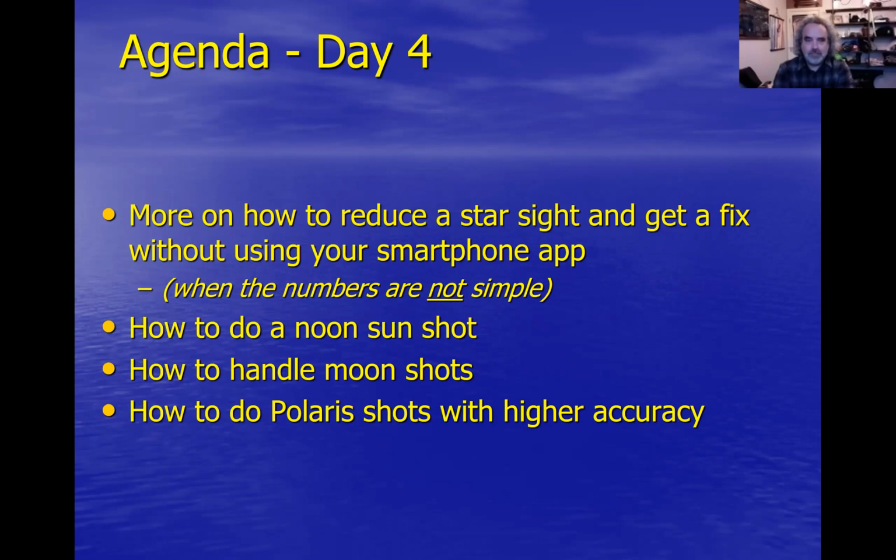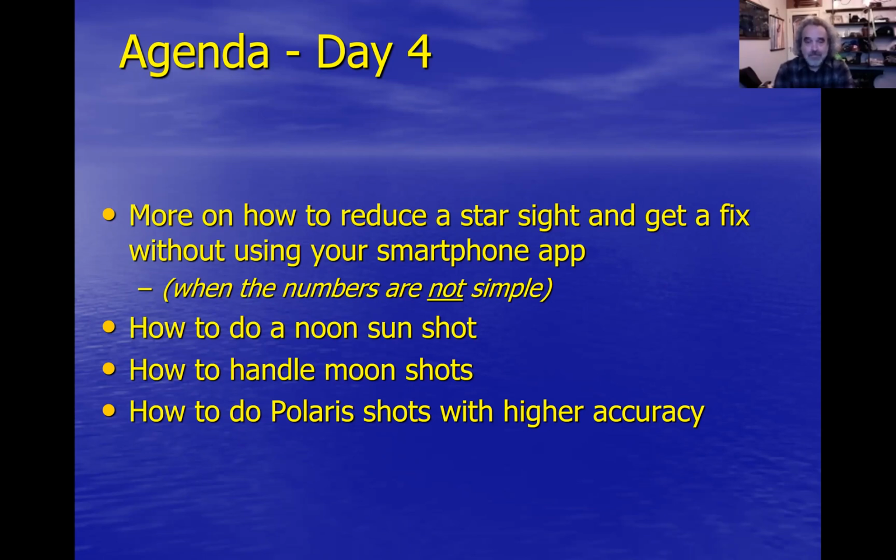Most people would do what's called a noon sunshot, where they would go out a little bit before noon, take some measurements, and then every couple minutes take measurements until the sun reaches the highest point and then starts going back down again. They take those numbers and crunch them, and from that you can figure out your latitude and longitude. The math is way simpler, and so that's what most people did.